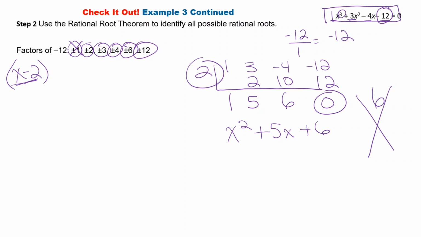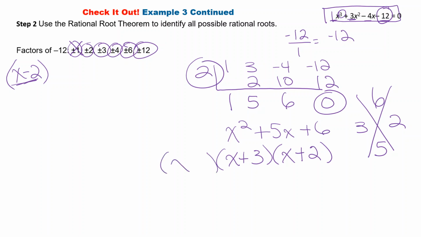Two numbers that multiply together to get 6 and add together to get 5 are 3 and 2, because 3 times 2 is 6 and 3 plus 2 is 5. So I can say x plus 3 times x plus 2. The factors of this volume problem are x minus 2 times x plus 3 times x plus 2, and remember, we're always supposed to set it equal to 0.